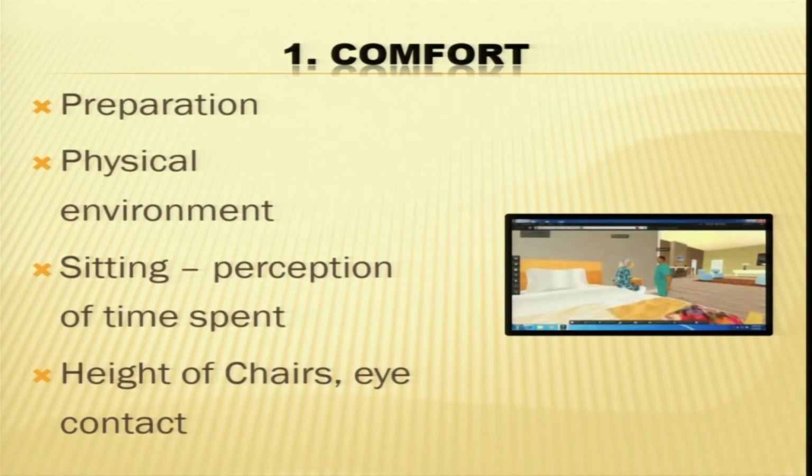This is the most important: comfort. If you want to gather information from the patient, then the patient must be comfortable to talk, and therefore such dialogues cannot take place in haste or in a corridor or anywhere. It should take place in an office or chamber, sitting down. The patient should be comfortable.